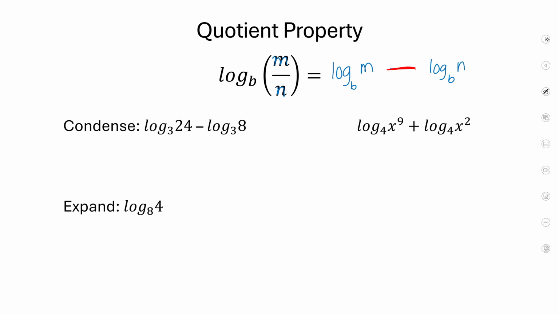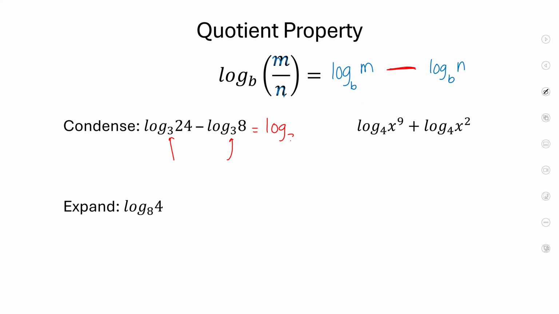Okay, so let's apply it. Your bases are the same, so we can condense this. This will be log base 3 of 24 divided by 8, m over n, 24 over 8. This is just 3. So 24 divided by 8 is just 3.